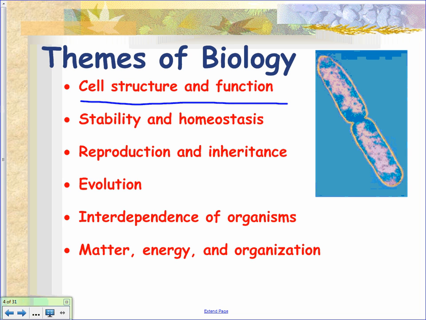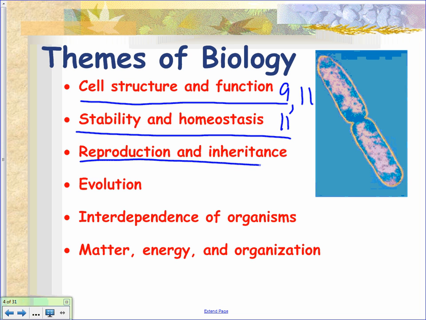We covered a little bit of that in grade 9 science, and we came back to it in grade 11 biology, and it has to do with living organisms being made of cells. The idea of stability and homeostasis was our huge grade 11 topic. Reproduction and inheritance we started in grade 9, and we are coming back to that this year, and especially to look at this key factor here. We'll be focusing in on inheritance.